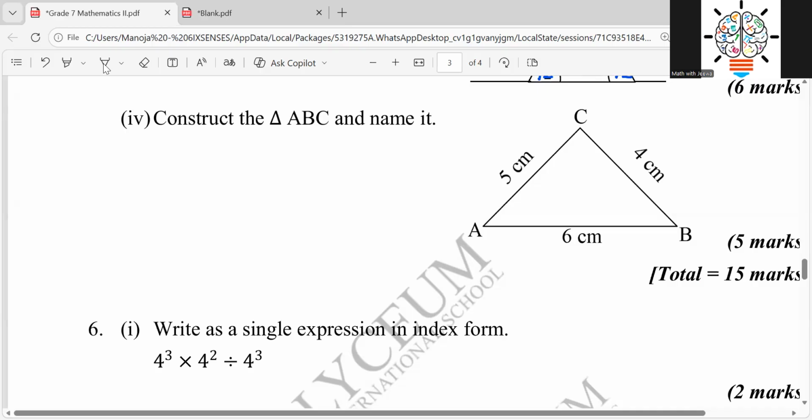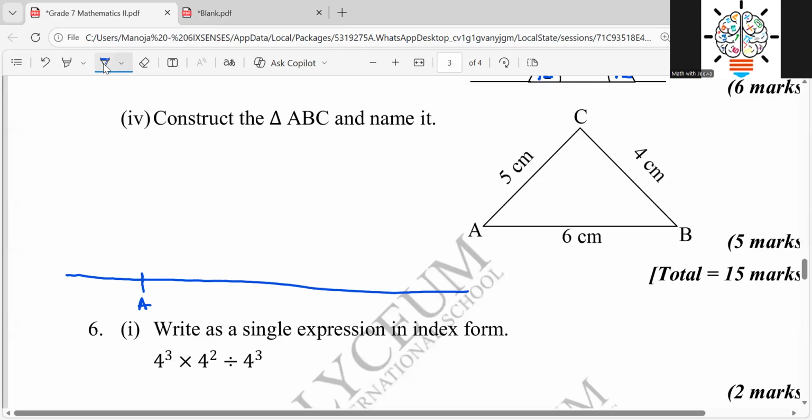Right. So first what you want to do, children, you draw a free line like this. You mark this as A and you mark the other end as B, and you open the compass. When I say open the compass, by now you know what I meant. Right? You open the compass, you keep it on the ruler and you measure 6 centimeters.